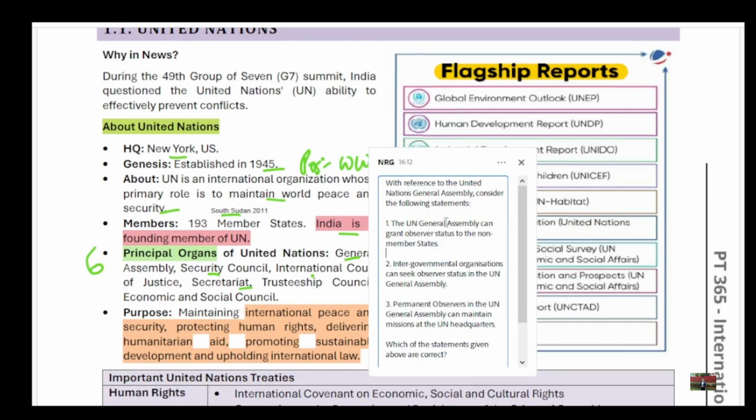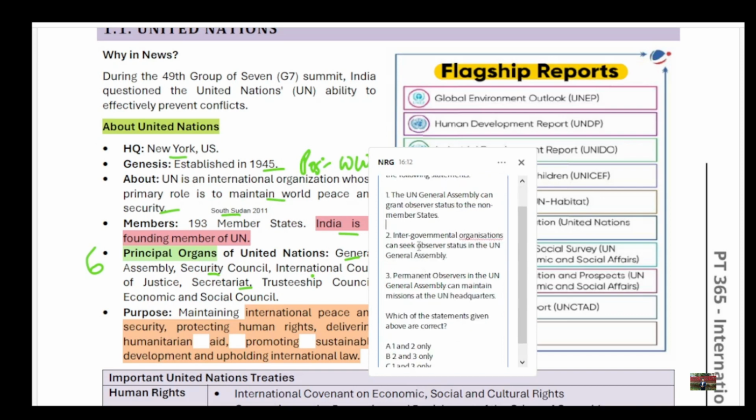This is the question, as you can see here. With reference to the United Nations General Assembly, consider the following statements. We have to tell whether each statement is correct or not. First, the UN General Assembly can grant observer status to non-member states.